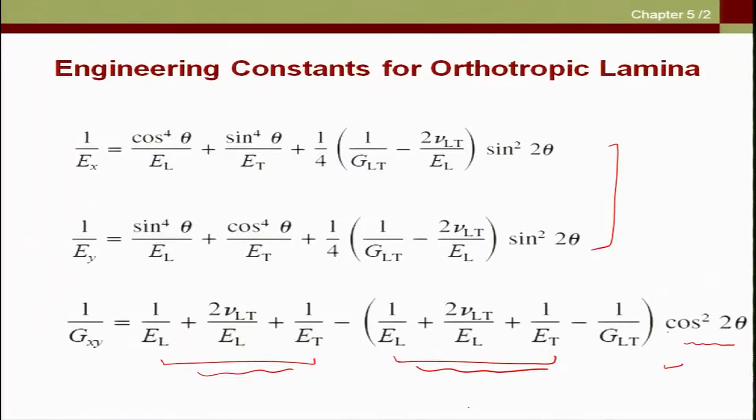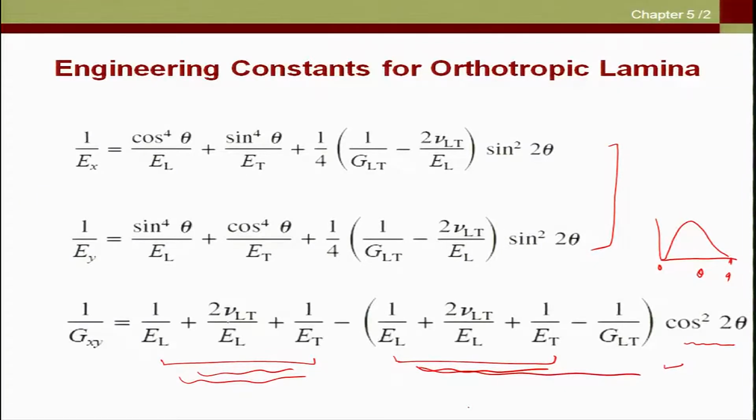We have this term which does not involve theta, and then this term involves cosine square of twice theta. If I plot cosine square of twice theta between 0 and 90, it will be something like this.